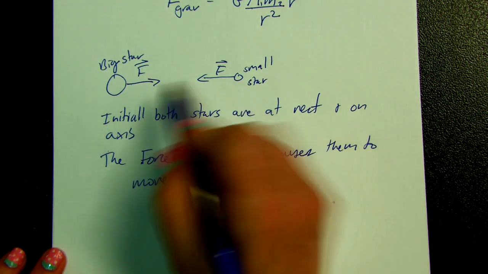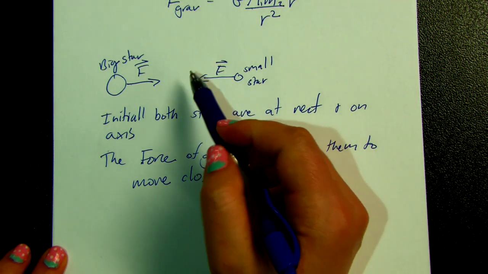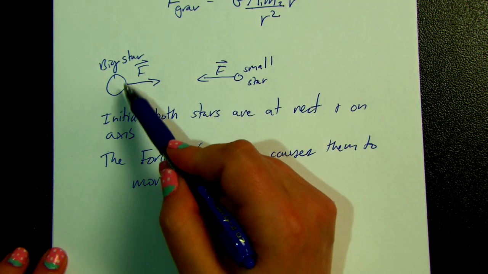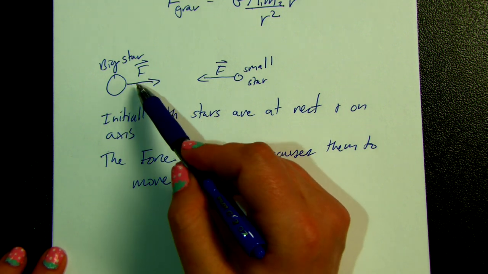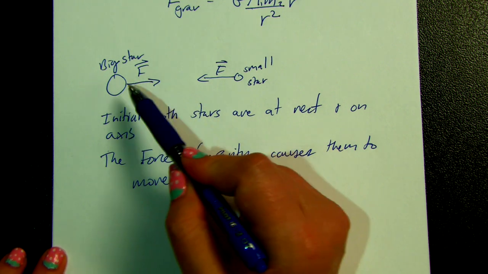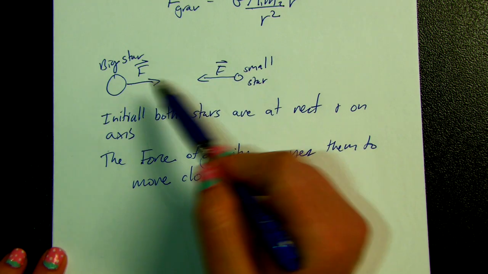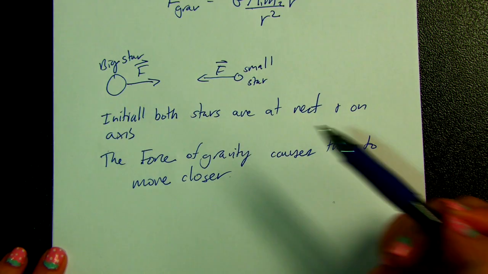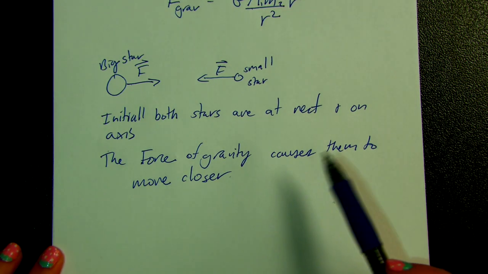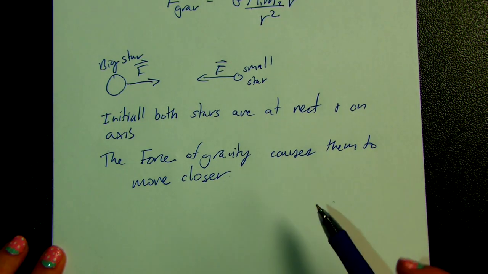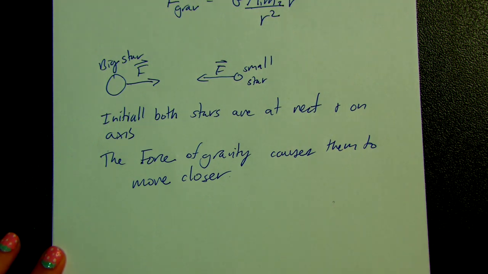When we look at these two objects, it's pretty clear that because this large star has so much mass, it's going to move much more slowly, and it's going to track this one much more quickly. So the small star is going to move more than the large star, which makes sense conceptually. But there's an interesting implication.